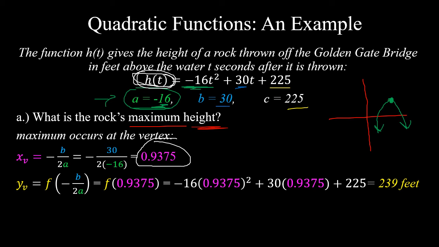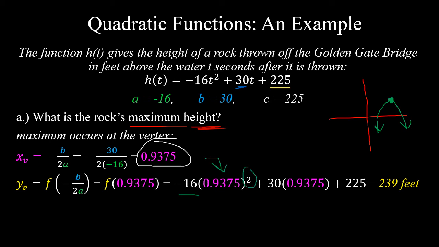So now everywhere I see a t in this function, I'm just plugging in 0.9375. Okay, so I have negative 16 times 0.9375 squared.